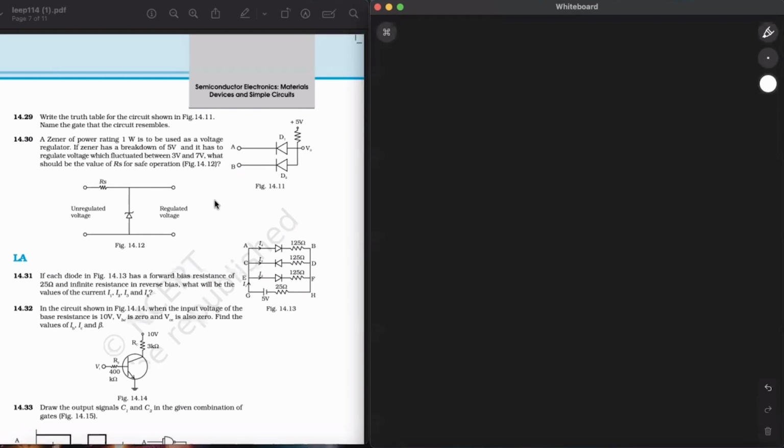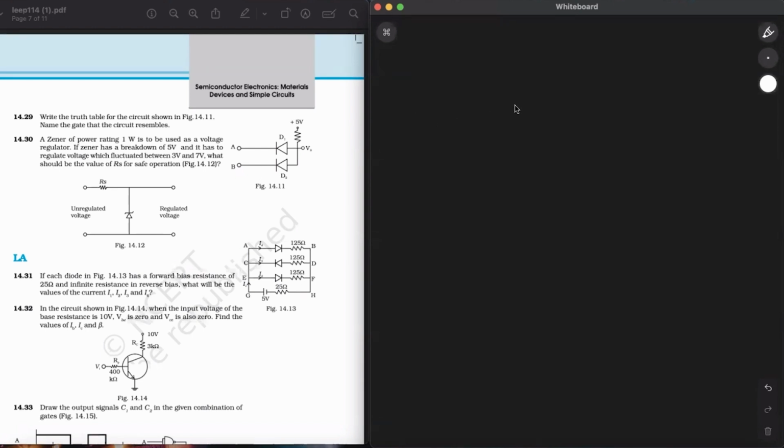Okay, so a zener has a power rating of 1 watt, and it is to be used as a voltage regulator. Breakdown of 5 volt, and it has to regulate voltage which fluctuated between 3 to 7. What should be the value of RS for safe operation?